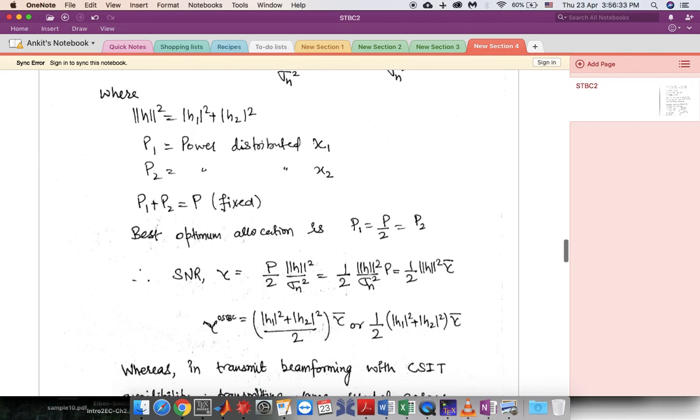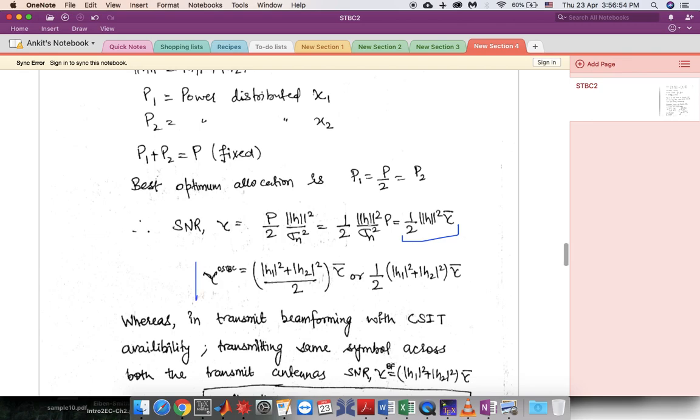Therefore, the overall SNR of the system in terms of P, which is gamma, equals P by 2 times mod of h square divided by sigma n square, and it leads to this final answer. So this is our OSTBC SNR.